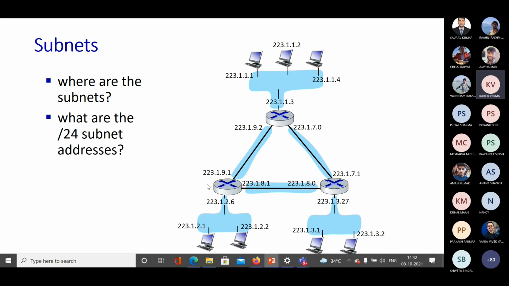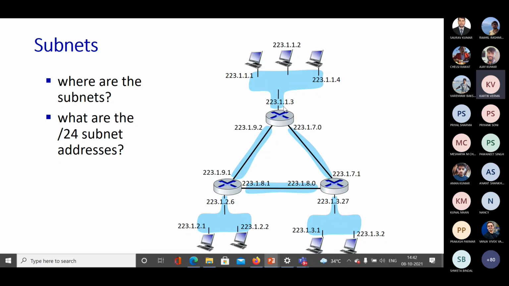Let me name these routers. The top one, let me call it A, and the bottom ones, left and right, B and C. If you want to go from A to B, you can go directly from A to B. If you want to go from A to C, you can go directly from A to C.